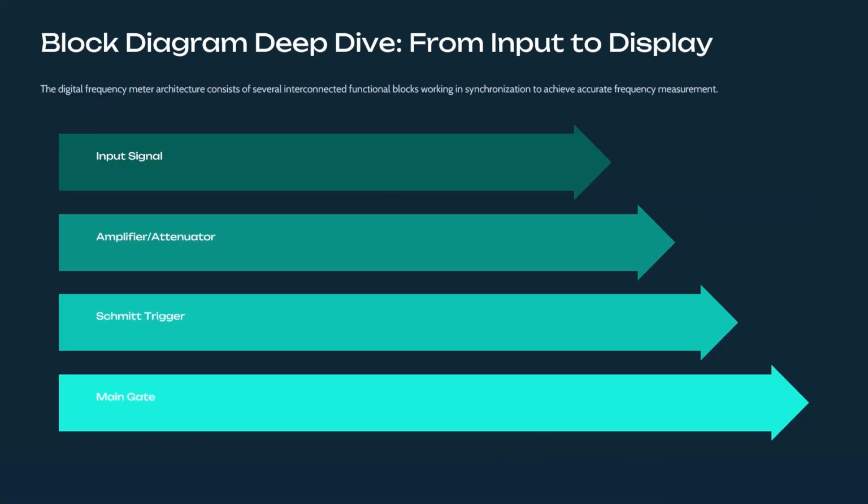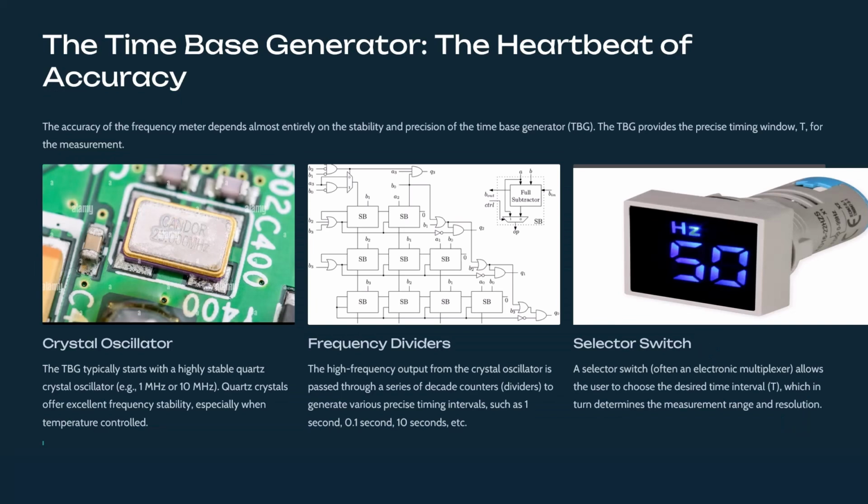Here is the block diagram. The digital frequency meter architecture consists of several interconnected functional blocks working in synchronization to achieve accurate frequency measurement. First, the input signal, then the amplifier, Schmitt trigger, and main gate.